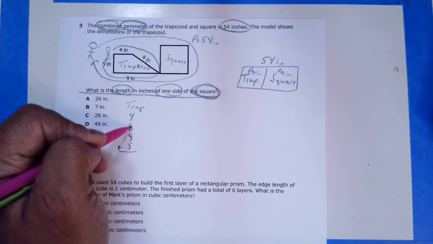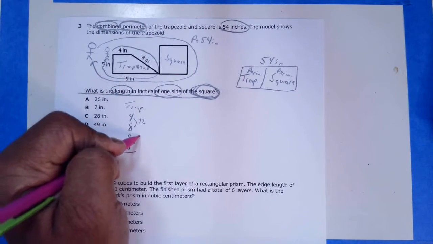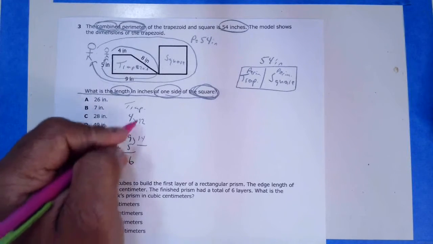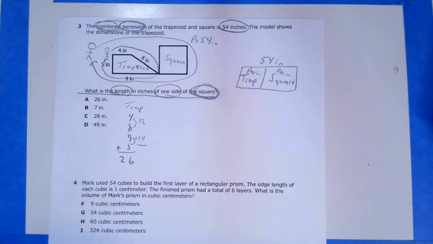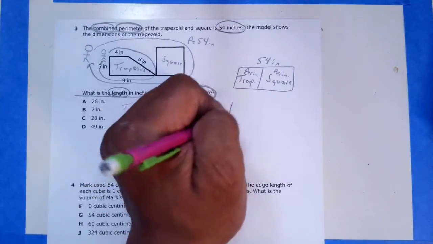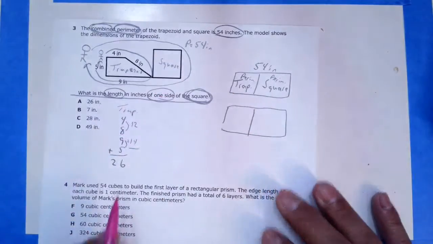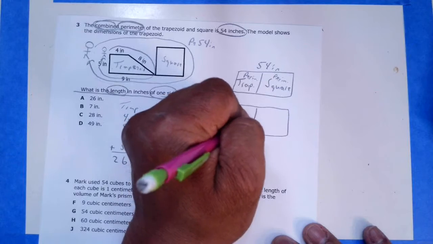So that's 12, and this is 14. That's going to be 6. Remember, we're adding 2, so that's 26. So from here, I can go like this now. I know my trapezoid perimeter is 26 inches.